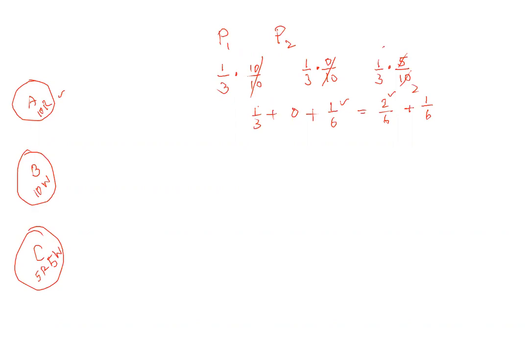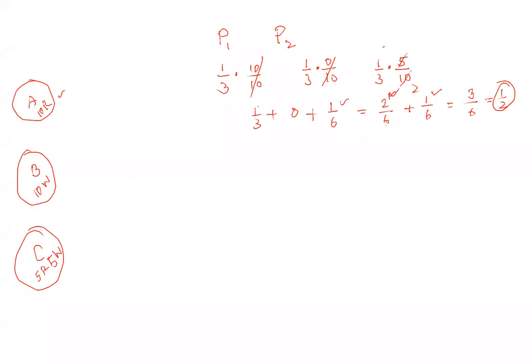So that's the same as 3 out of 6, correct? 2 plus 1 is 3, and 6 in the bottom, so it's 1/2. So there is a 50% chance that you'll pick a red ball if you randomly select a ball from a box. Is it okay?